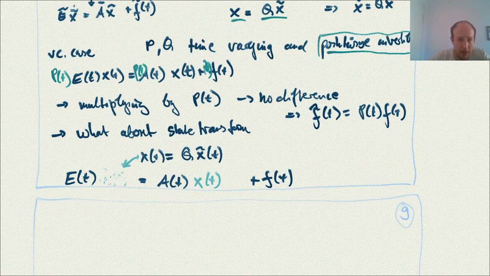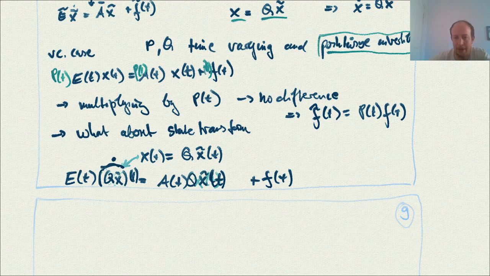So here there was this x dot of t, and this now is Q x tilde at time t, but the time derivative of all that. And here we can just write Q x tilde of t.